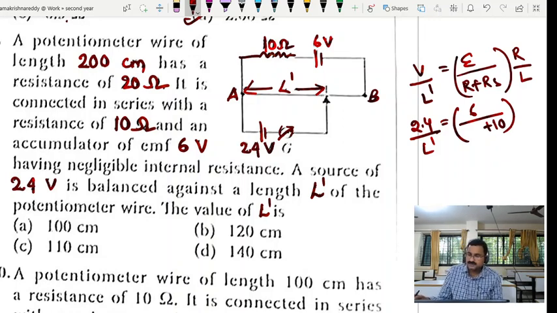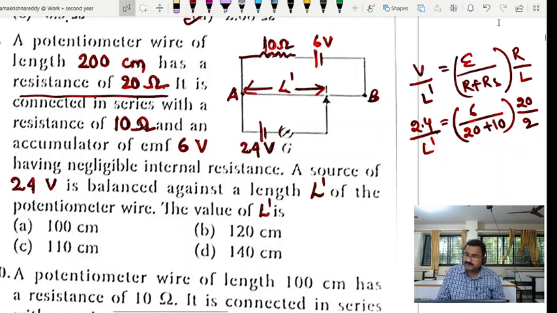E divided by R plus RS, where R is the resistance of the potentiometer wire, which is 20, into 20 divided by the length of the potentiometer wire, 200 centimeter, that is 2 meter. Now what is the answer we are getting?